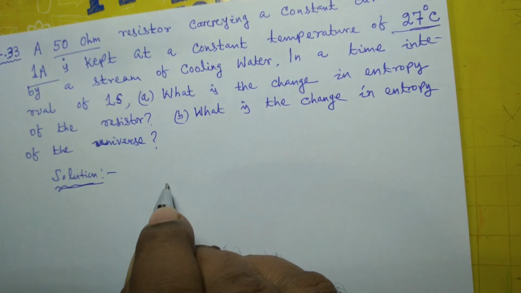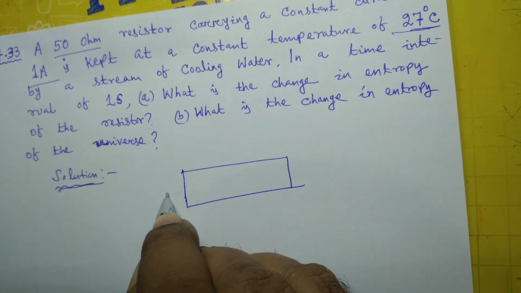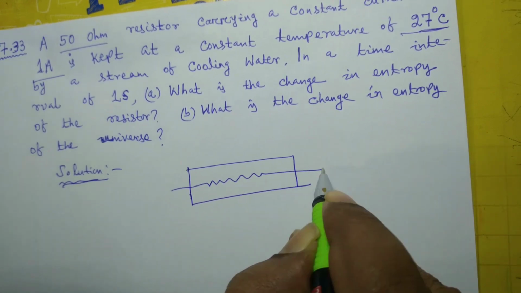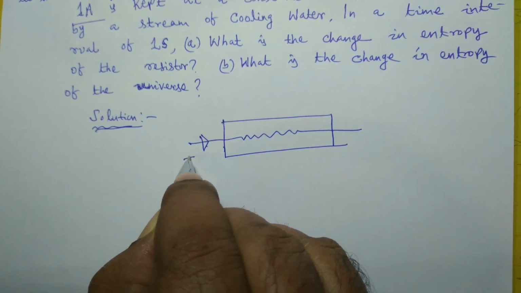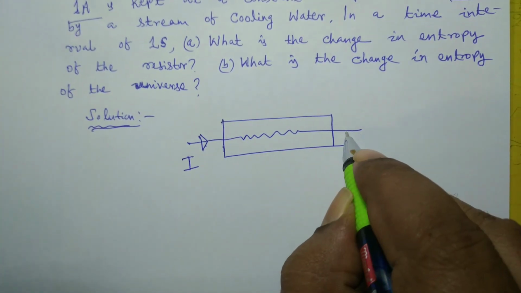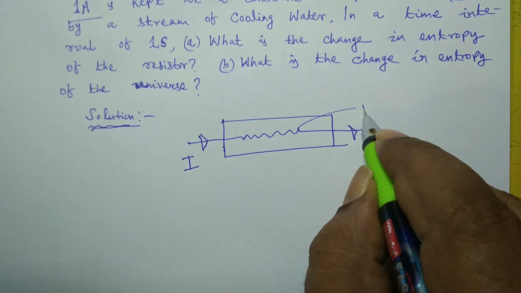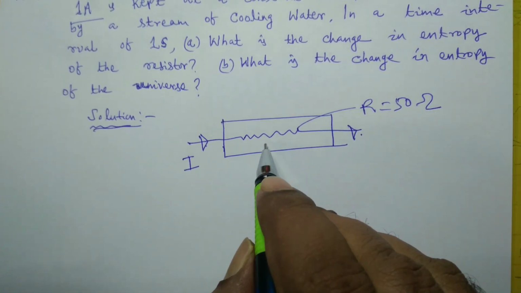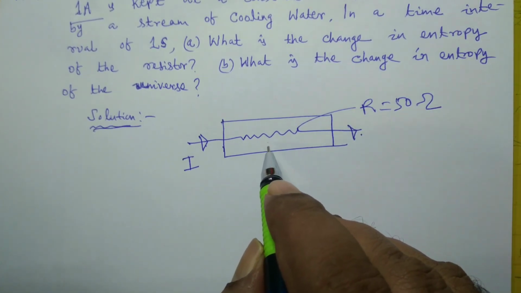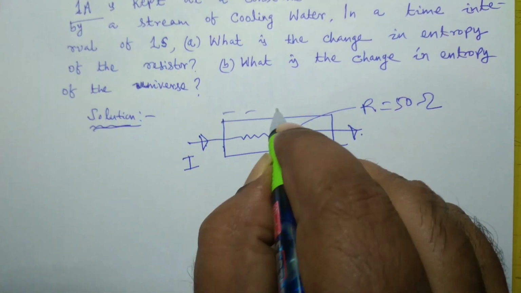So you see, there is a resistor through which current flows. Suppose I is the current that flows through this resistor, and its resistance is 50 ohm, and the temperature of this resistor remains constant at 27 degrees Celsius (300 Kelvin) throughout the process.